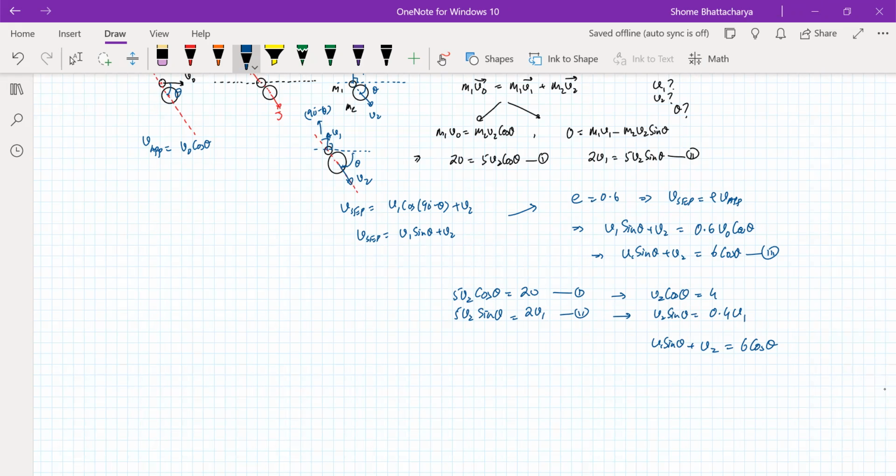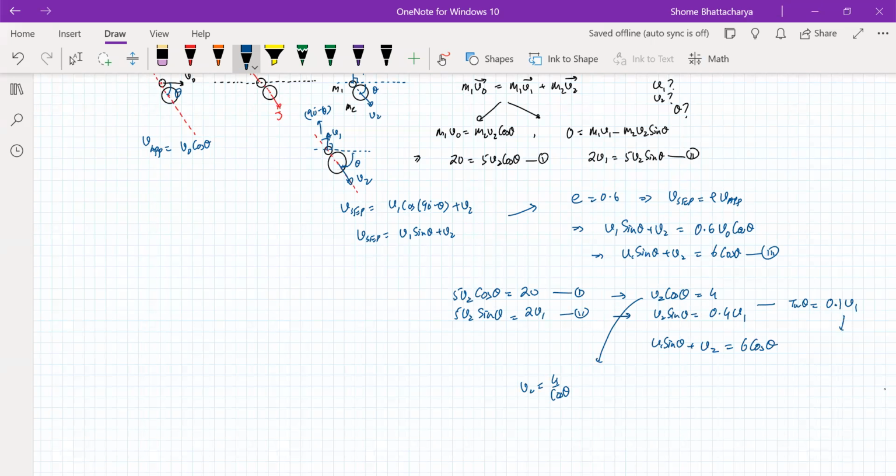So by dividing these two equations, we can see that tan theta is equal to 0.1 v1. So from equation 1, we can substitute v2 as 4 by cos theta.